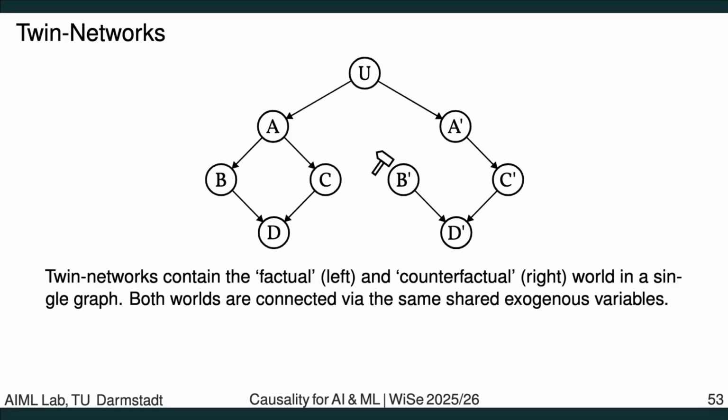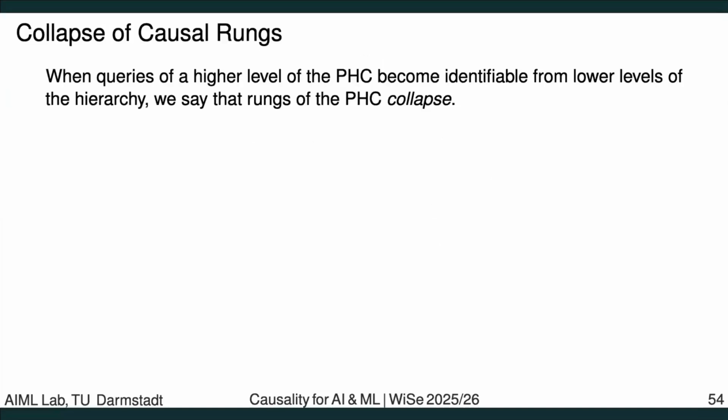So you apply your evidence on the left, which is the factual world that you observed. You infer the U's here, and then from there you go to the right side, the counterfactual world, where you apply the intervention and just propagate your U values down to the quantity that you care about. So yeah, this is sometimes a bit nicer.